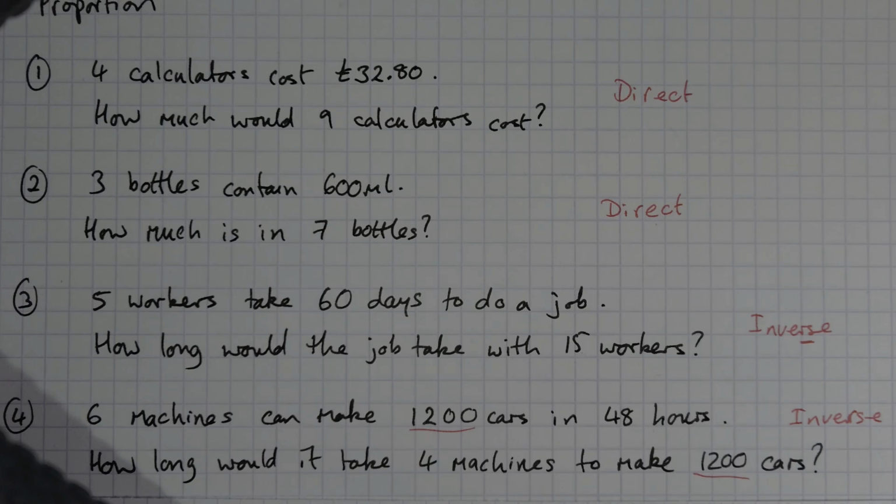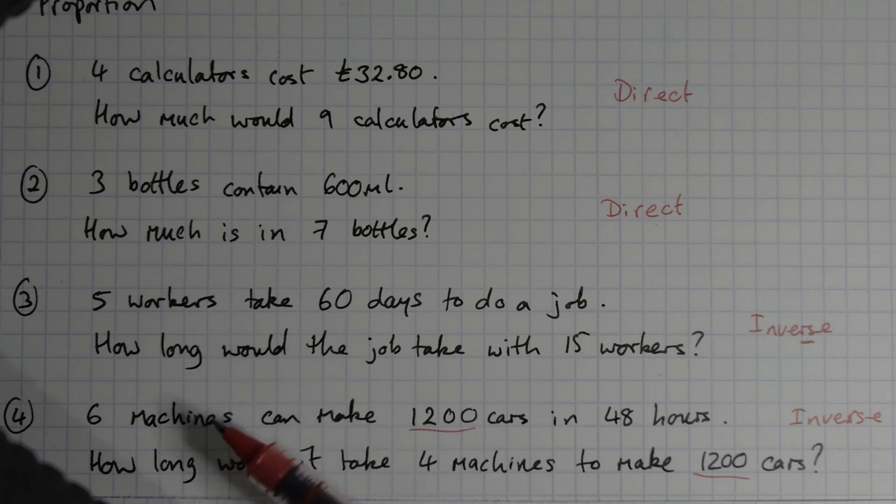Is it a situation where as one number goes up, the other one goes up as well, direct proportion, or is it the situation more like question 3 and 4, where as one number goes up, the other one goes down? Unfortunately, you just have to read the question carefully. Just fully read it, try to think about it, and then is your answer logical at the end?